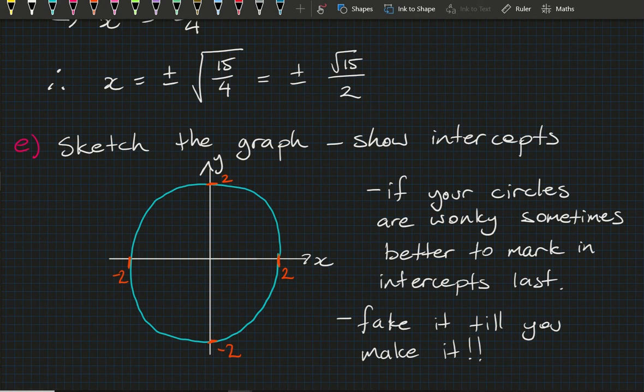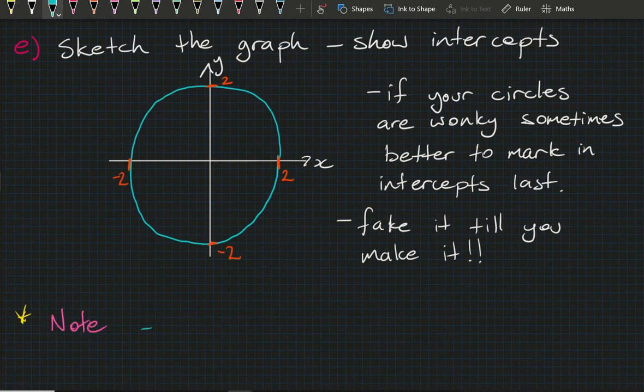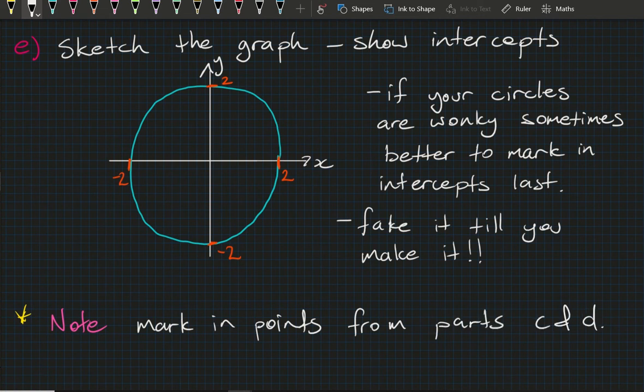Alright, and I just want to take a note here that it might be fun to mark in the points from part C and D. For part C, we had that x is equal to 1, and that's around about halfway there. So then we had the points 1 and the square root of 3, and 1 and minus root 3.